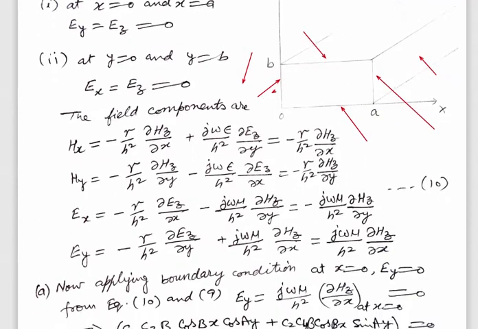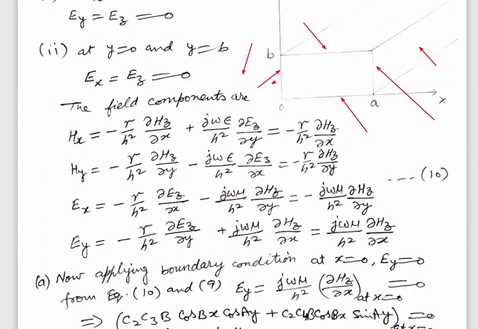Now, before applying these boundary conditions, again we are here mentioning the field components Hx, Hy, Ex and Ey shown in equation number 10. These field components we have earlier derived in our previous lectures by solving the Maxwell equations.